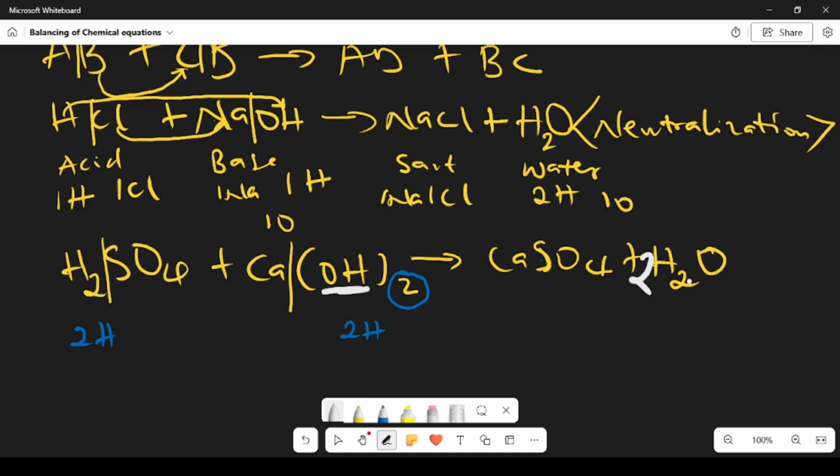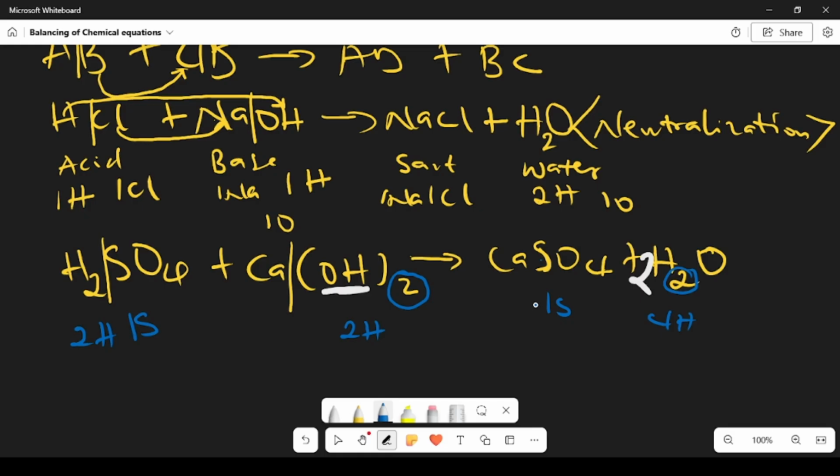This 2 will now multiply this hydrogen subscript, this particular 2 here, to produce a total of 4 hydrogen atoms. So in this case, you balanced hydrogen. You now move to the next element, which is sulfur. On both sides, you have only 1 atom of sulfur, so that does not need any balancing.